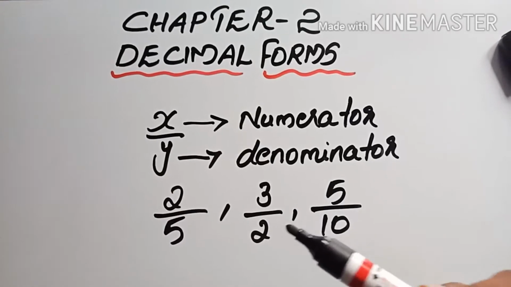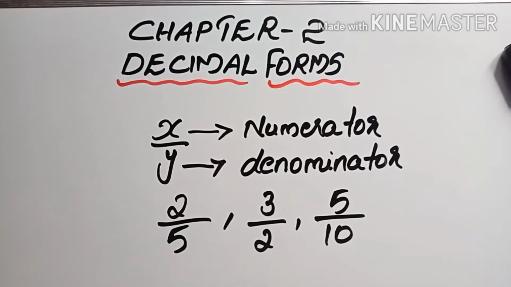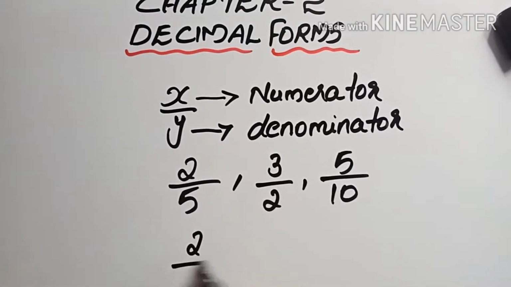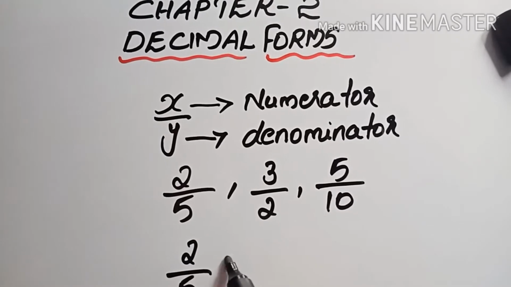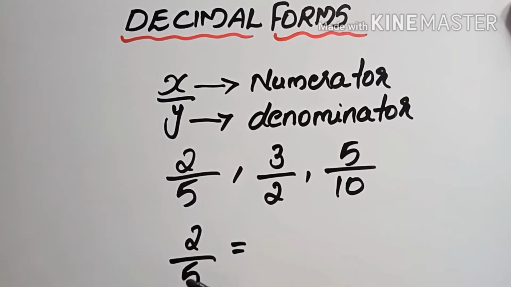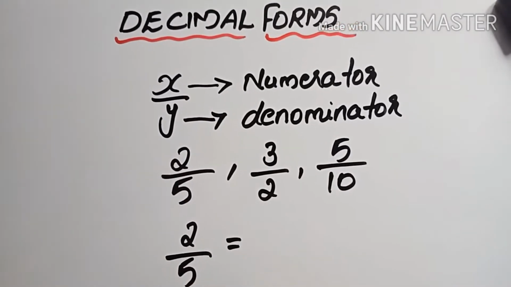Now we can write equal fractions for all the fractions. For example, 2 by 5. If we are considering 2 by 5, we can write a fraction which is equal to 2 by 5. How? Just multiply the numerator and denominator with any number.